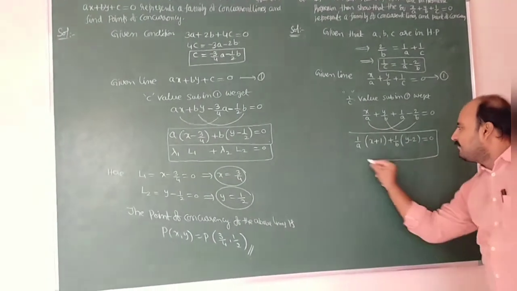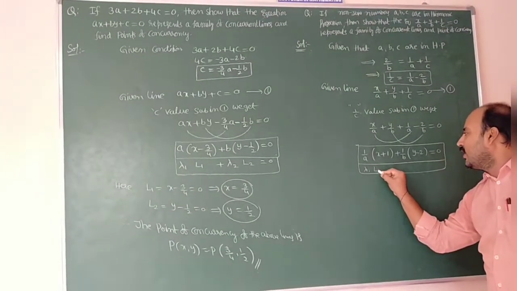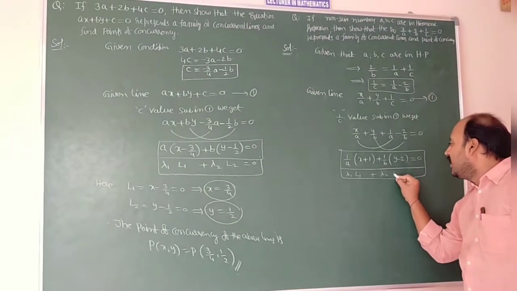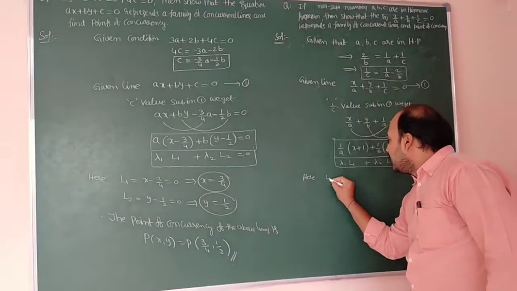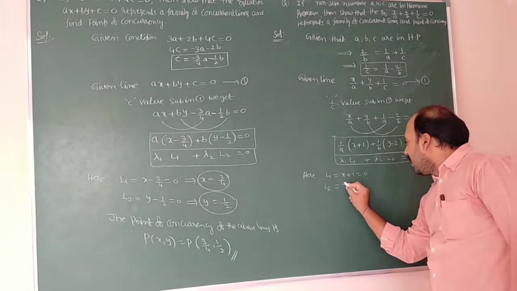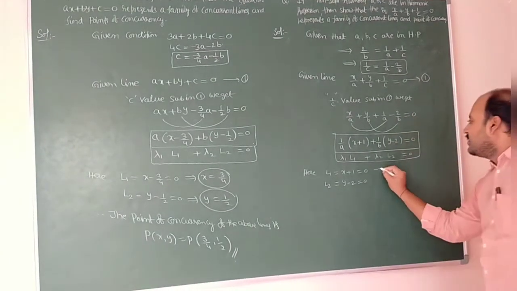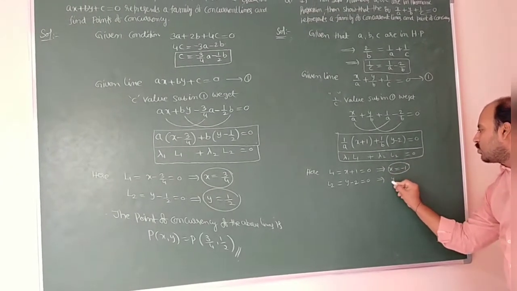It represents a family of straight lines. Comparing with lambda 1 into L1 plus lambda 2 into L2 is equal to 0, here L1 is x plus 1 equal to 0 and L2 is y minus 2 equal to 0. That implies x equal to minus 1 and y equal to 2.